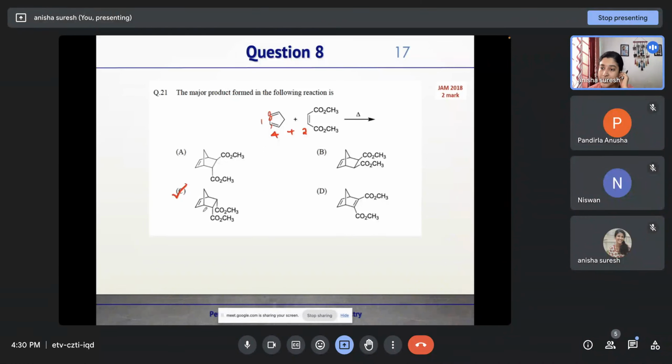If secondary orbital interaction can be ignored, in that case, the ideal thermal product will be B. But here the endo rule will be taken into consideration, and because of that, option C will be the right answer.